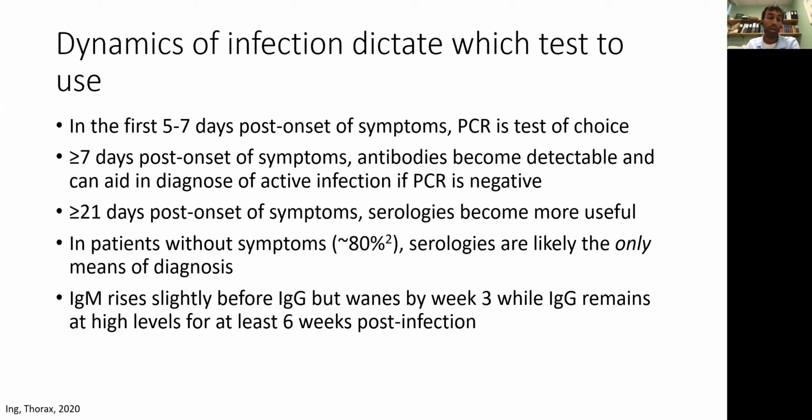And as shown, IgM rises slightly before the IgG, wanes roughly by week 3, whereas IgG remains high starting around week 2 and plateaus across the time course for at least 6, probably longer, weeks post-infection.